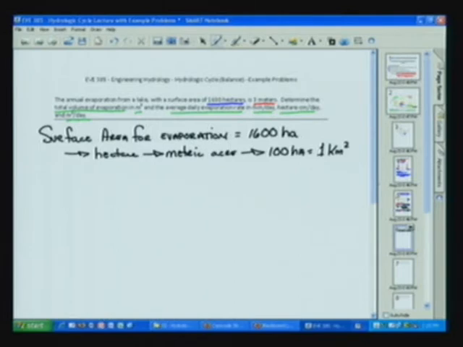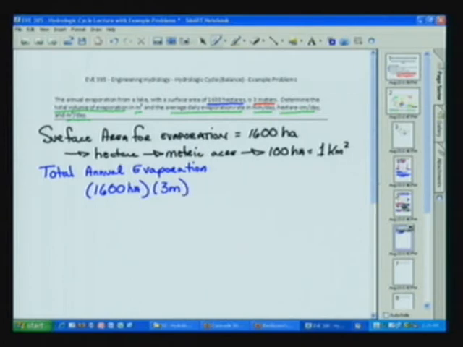The total annual evaporation is going to be the 1,600 hectare surface area of the lake multiplied by the 3 meters that evaporate off of it, which gives us 4,800 hectare meters.